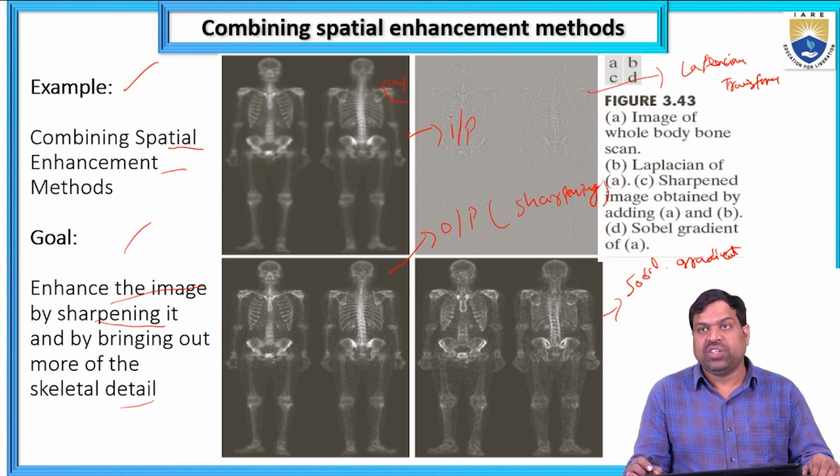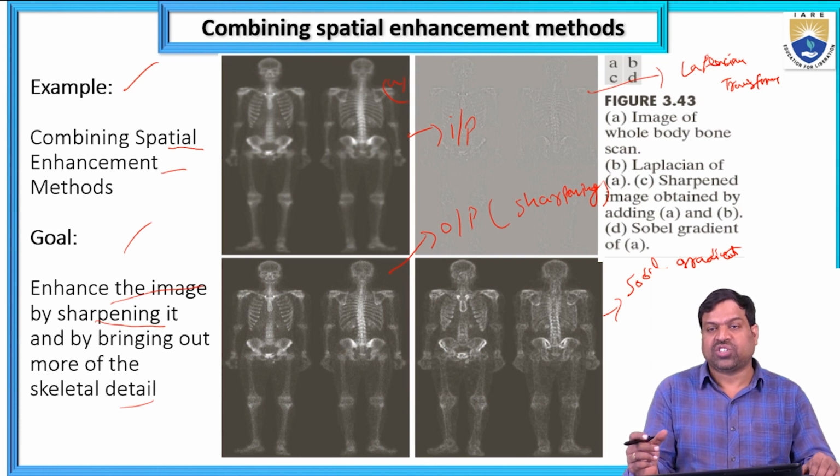The first one is the whole body scan, the input image, and the second one is the Laplacian transform of the original image. Image C is the enhanced image with sharpening, and the fourth, the Sobel gradient, helps identify what bones are there and what the structure is. There is a lot of difference from A to B, B to C, and C to D. It is one example of a combining spatial enhancement method.